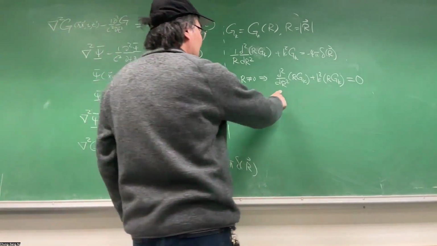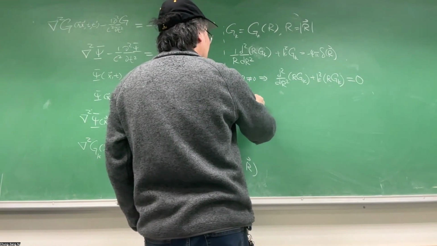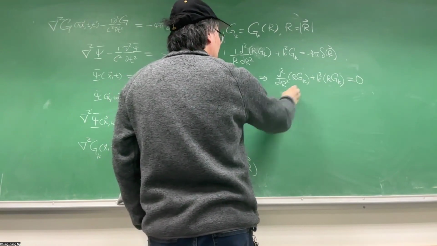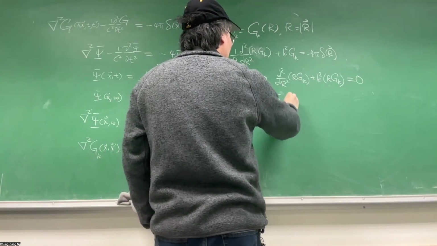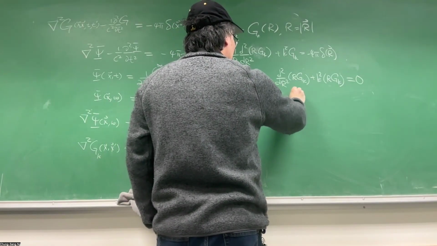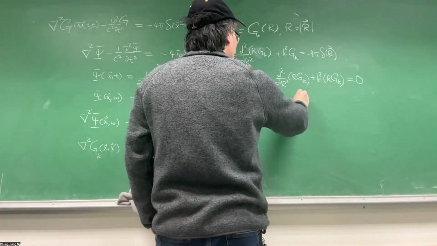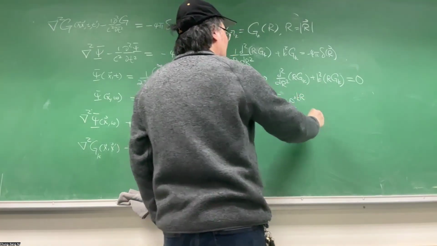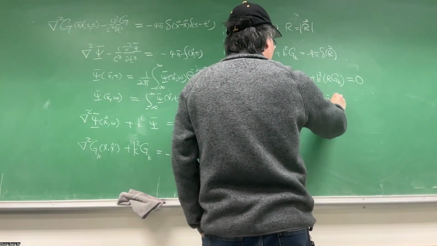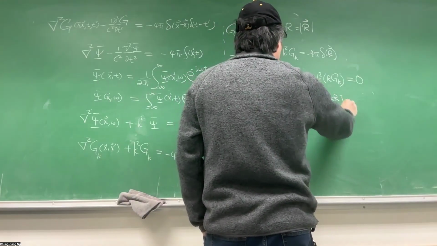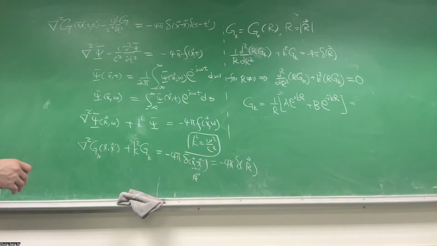As it turns out, using the complex form is easier. So we write G sub k as 1 over R, and then there will be 2 terms, A e^{ikR} and B e^{-ikR}. The two coefficients A and B are arbitrary for now. So that's the general solution of G sub k.